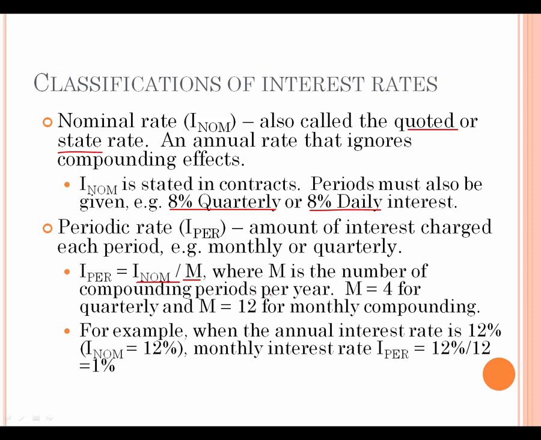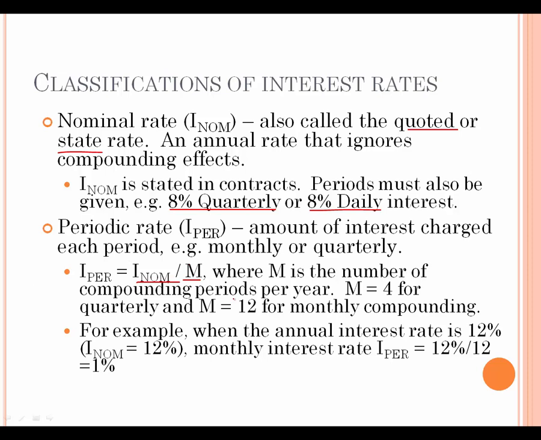Then the quarterly interest rate is the annual interest rate divided by 4. If M equals 12, then we have monthly compounding, 12 times a year. Then the monthly interest rate is the annual nominal interest rate divided by 12.